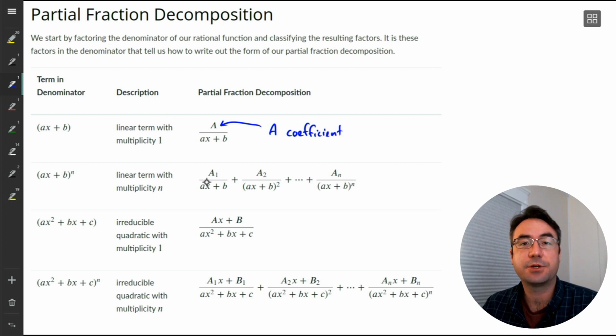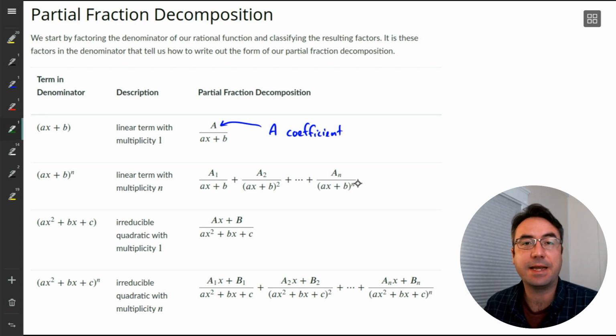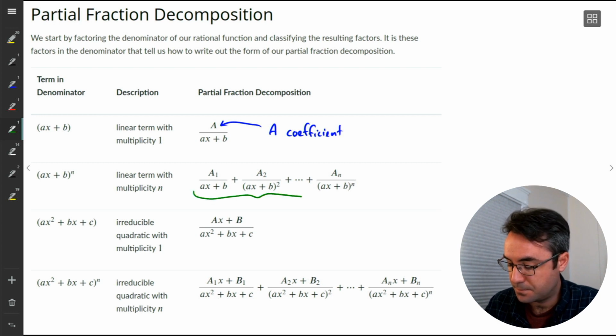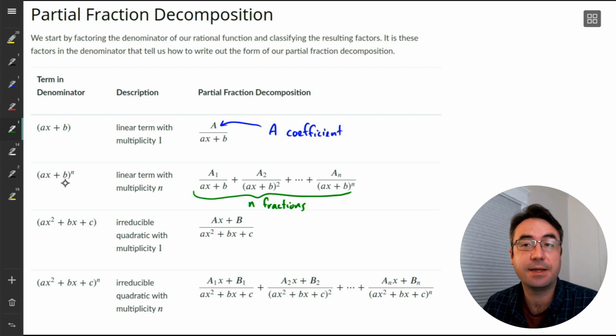We start off with the term A1 over ax plus b, our linear term, and then we just repeat it over and over, all the while increasing the exponent until we get to however many copies there were. So we repeat this until we have n fractions, because our linear term here is being repeated n times.